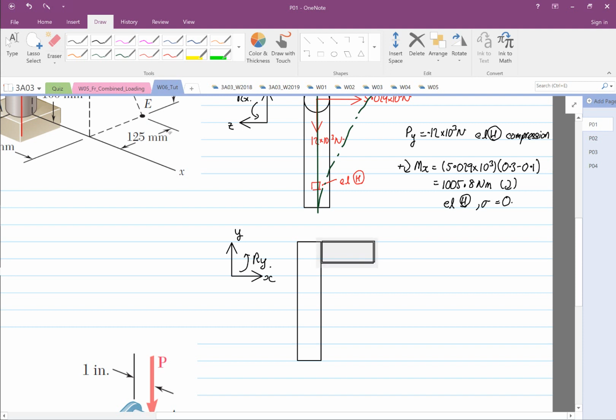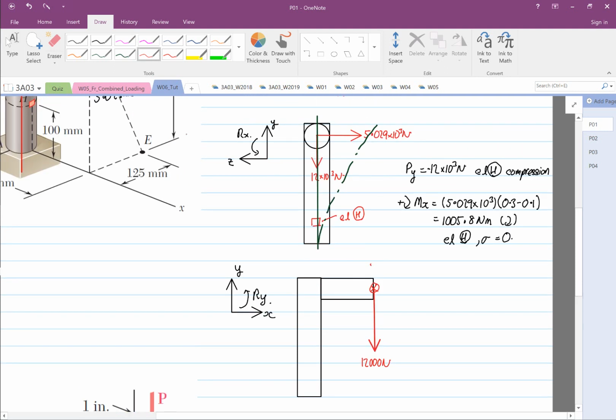What we have down here is the 12,000, now coming down. So this is our 12,000 Newton. And then we have a cross at 5.029.